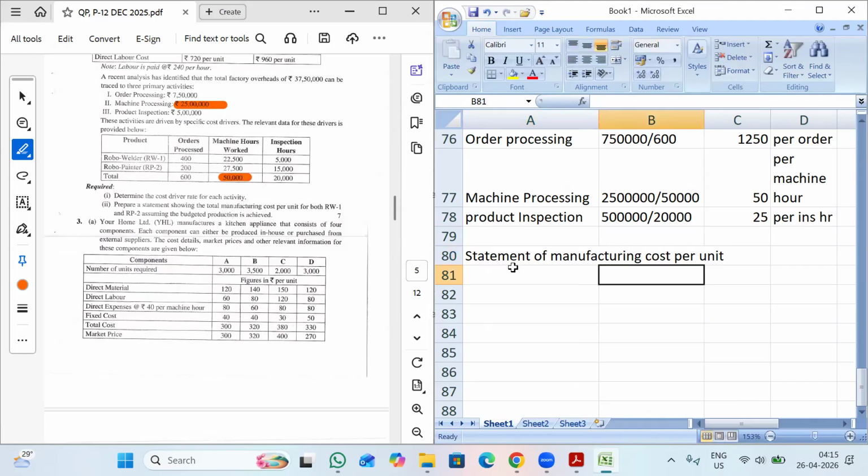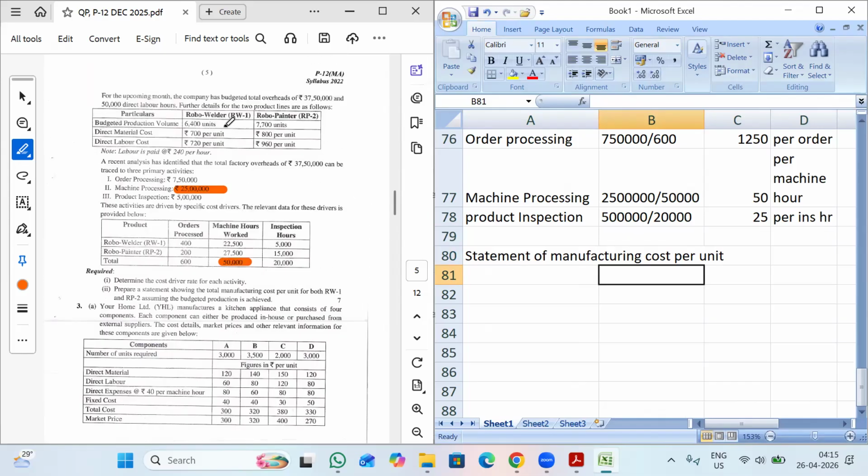So now we will be having two types, right? That is RW1 and RP2. So direct material cost is 700 rupees per unit. So how many units are we producing? 6,400 units.